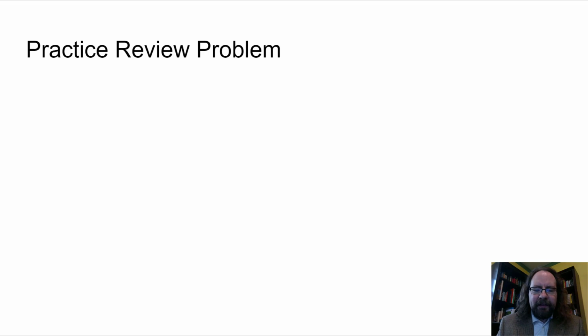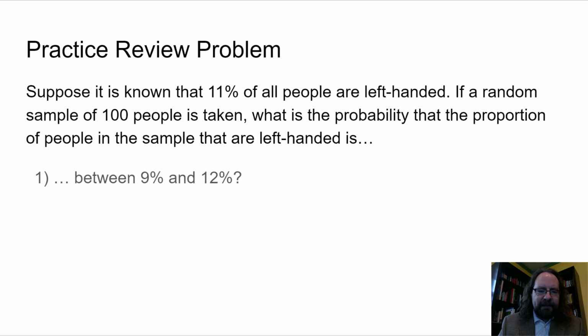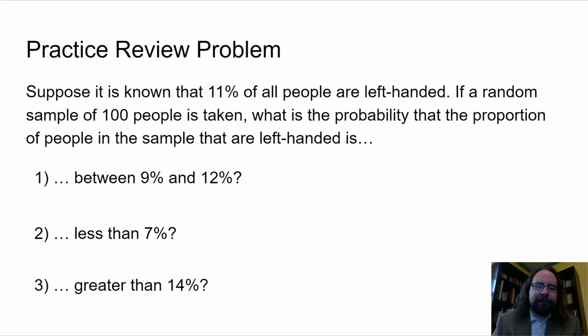So let's look at a couple practice questions to remind ourselves how we actually did computations on sampling distributions for proportions. So suppose it is known that 11% of all people are left-handed. If a random sample of 100 people is taken, what is the probability that the proportion of people in the sample that are left-handed is between 9% and 12%, less than 7%, or greater than 14%?